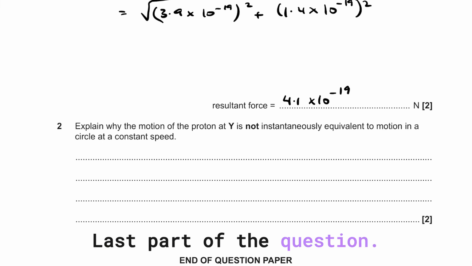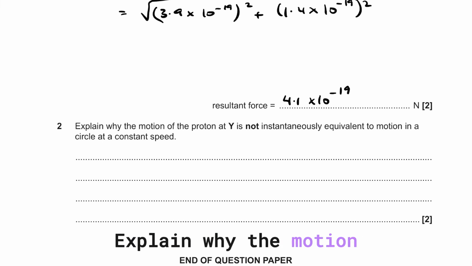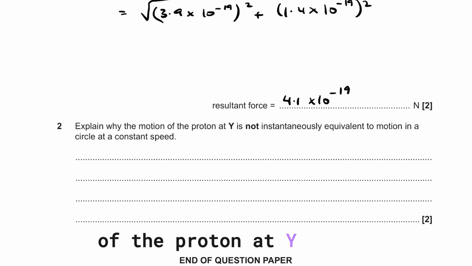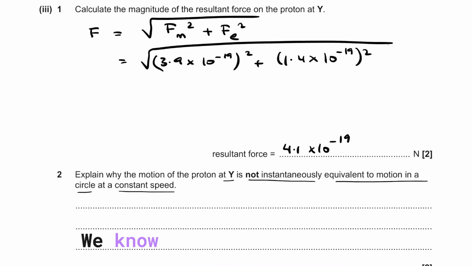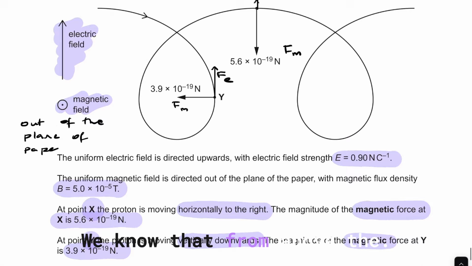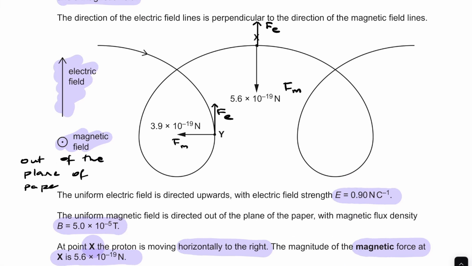Last part of the question, explain why the motion of the proton at Y is not instantaneously equivalent to the motion in a circle at a constant speed. We know that from above, the proton is moving downwards at point Y, and the resultant force clearly over here is not acting towards the center of the circle.